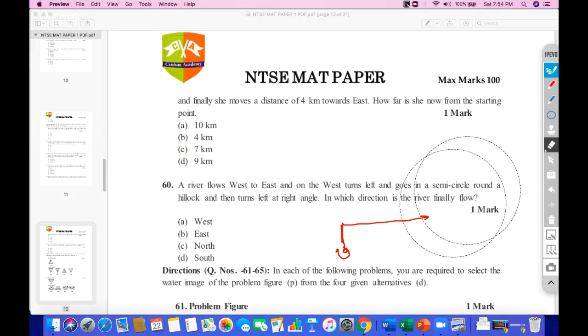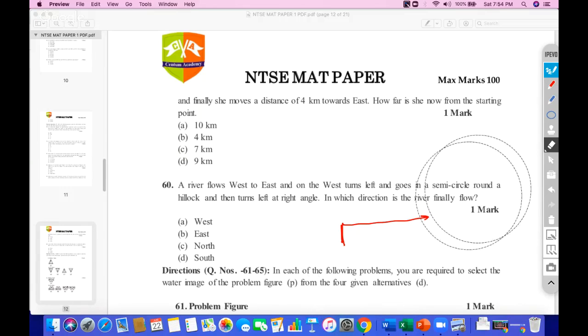Okay, one second. Turns left and around a hillock, and then turns left at a right angle. So it has come here, flow of the river. So it turns left at right angle.